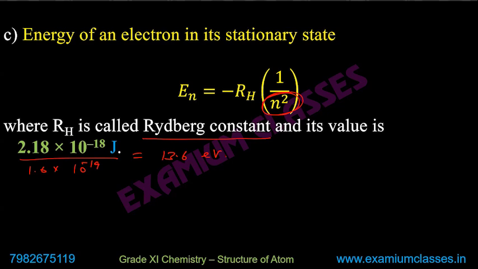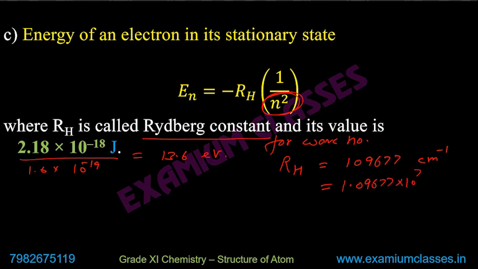The Rydberg constant will change if you change the units. If you are using it for wave number, then it will be 109677 per centimeter. So RH for wave number will be 109677 per centimeter, or 1.09677 into 10 to the power 7 per meter.